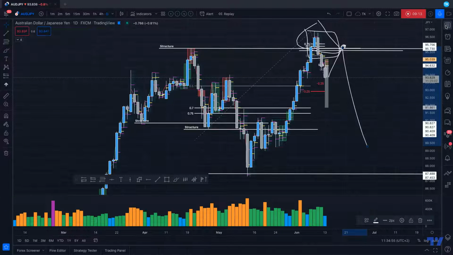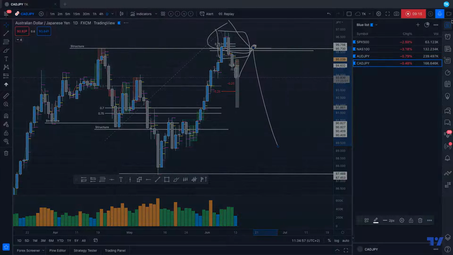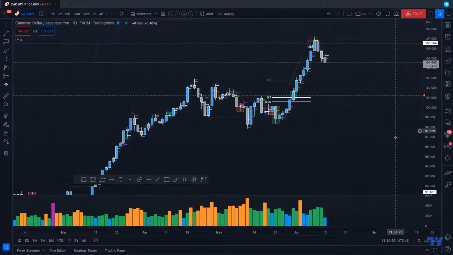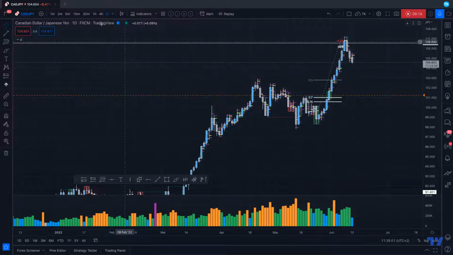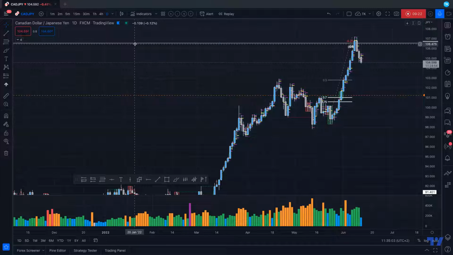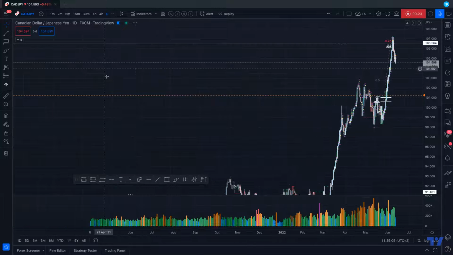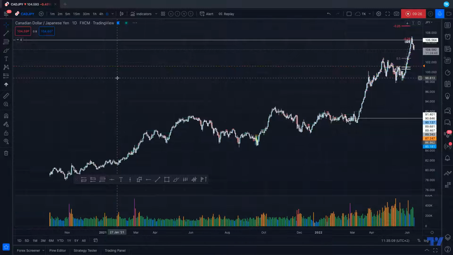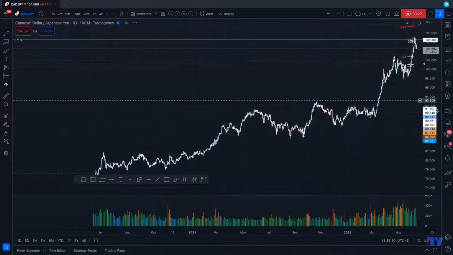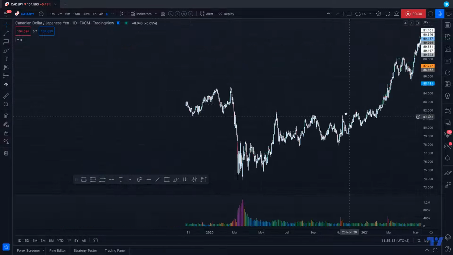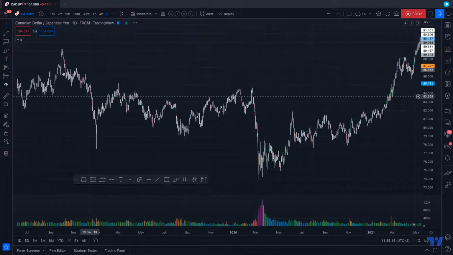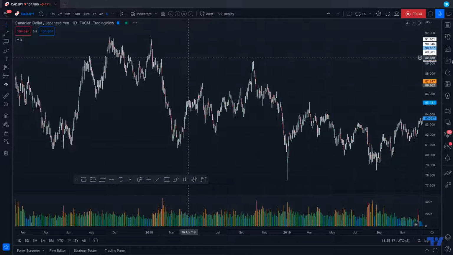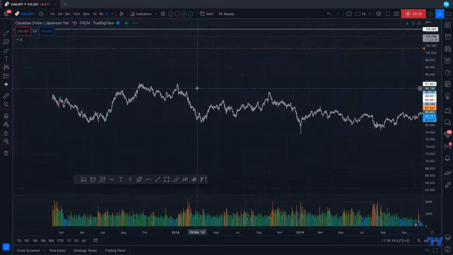Okay, same thing for CADJPY. This is a liquidity level that price took from the past, and exactly what I can see right now, but let me show you.